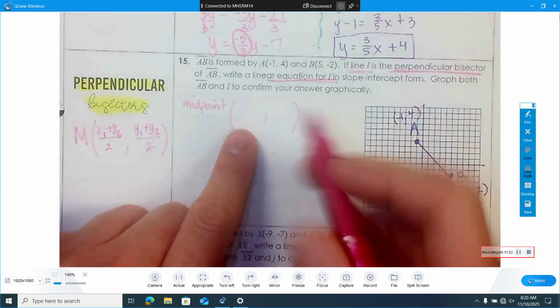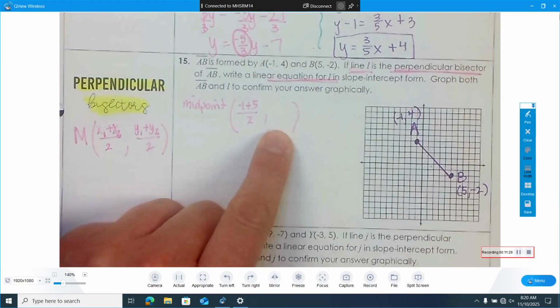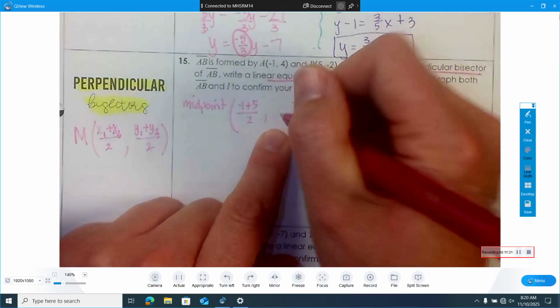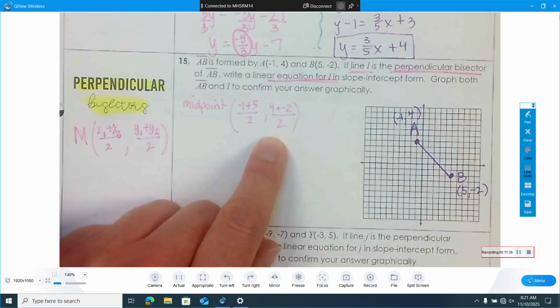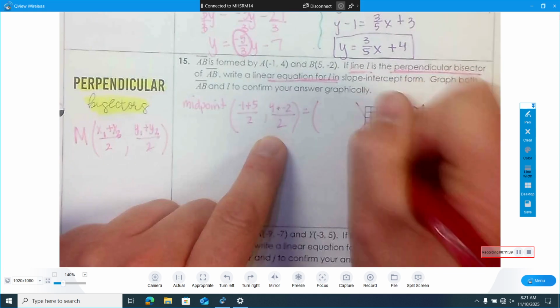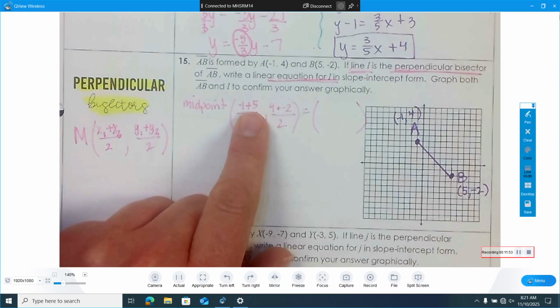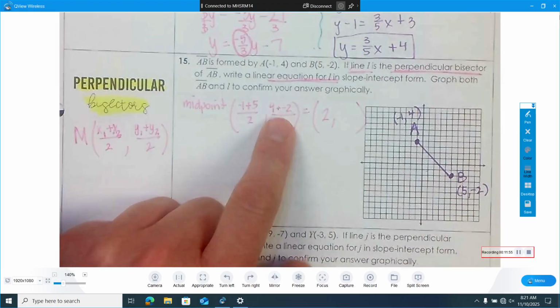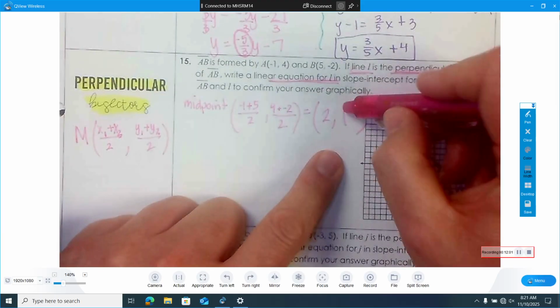So I have -1 plus 5 divided by 2, and I add my y coordinates, 4 plus -2 over 2. -1 plus 5 is 4 over 2, that's 2. 4 minus 2 is 2 over 2, that's 1.